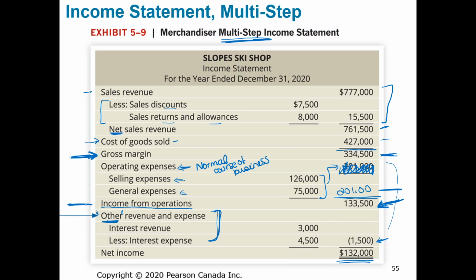We also can see here the income from operations. So what is the company expected to see in these normal business year over year? This income from operations is predictive of what will happen in the future. And then it just shows what's kind of other that may not happen. So multi-step, definitely more informative and therefore used more often because the users want this extra information.